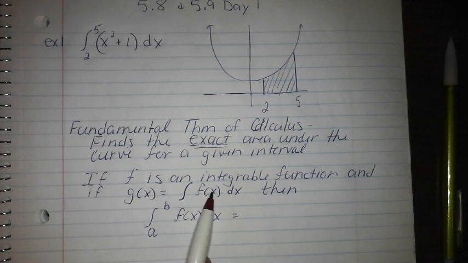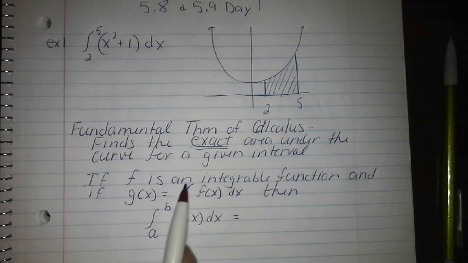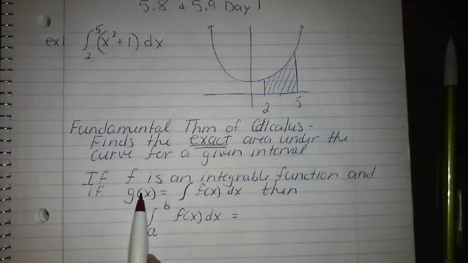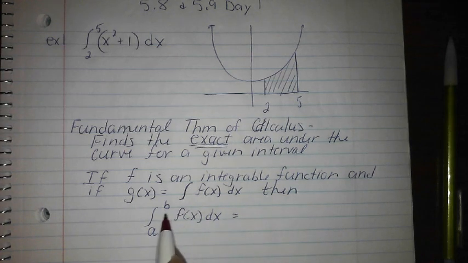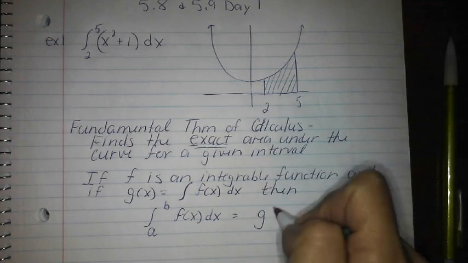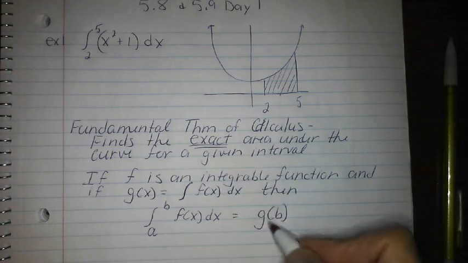take a look at what this is saying. If we do the antiderivative of f, when we write that equation, that's going to be called g. So if we find equation g, all we have to do to get the area under the curve is plug the value of b into g, plug and chug, plug in the b value, get an answer.